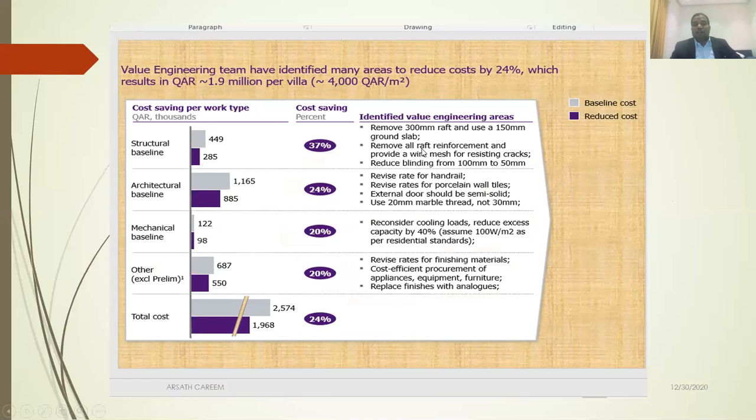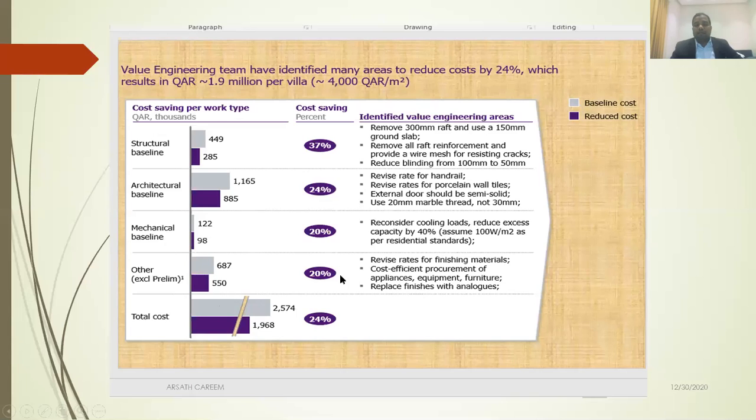When the architect and design team generate the ideas, my task is to cost check: again cost plan, cost estimate and cost check continuously for each item. Then we arrived at 1.96, which is within our budget. This is one example.